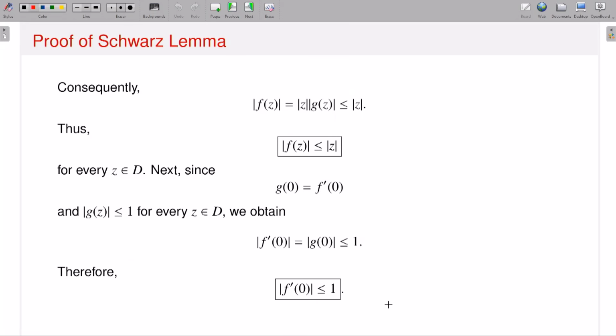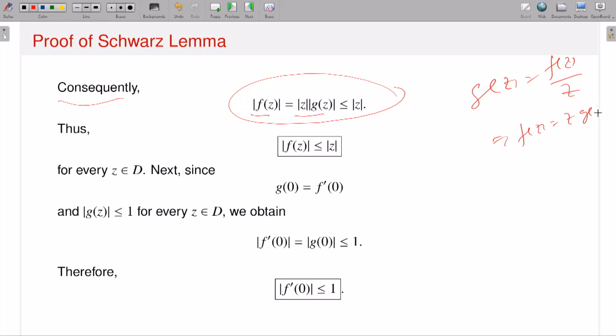Once I have this, then because g of z is of the form f of z by z, you will have f of z equal to z times g of z. This is mod z as it is, but modulus of g of z I just proved is less or equal to 1. So this is less or equal to modulus of z. And therefore I have the inequality modulus of f of z is less or equal to modulus of z, for every z in D.